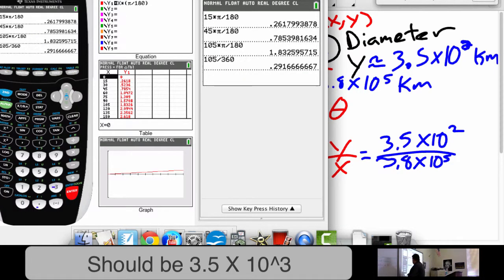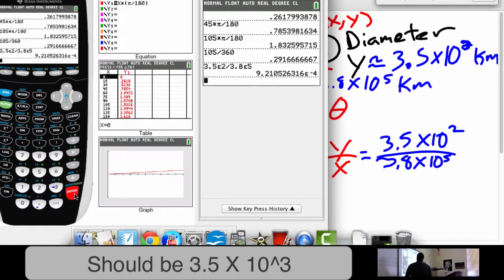So I'm going to say 3.8, or no, I'm sorry, 3.5, and then I'm going to hit second EE, 2, divided by 3.8 second EE, 5th, and hit enter. Yeah, it's 9.2 e to the.